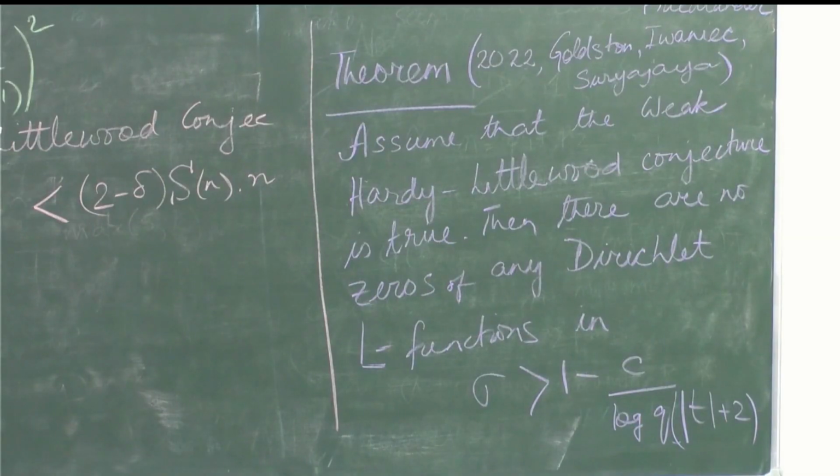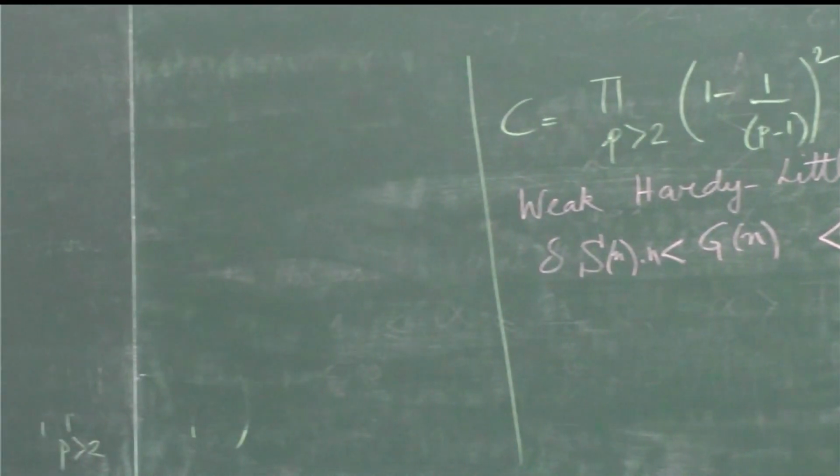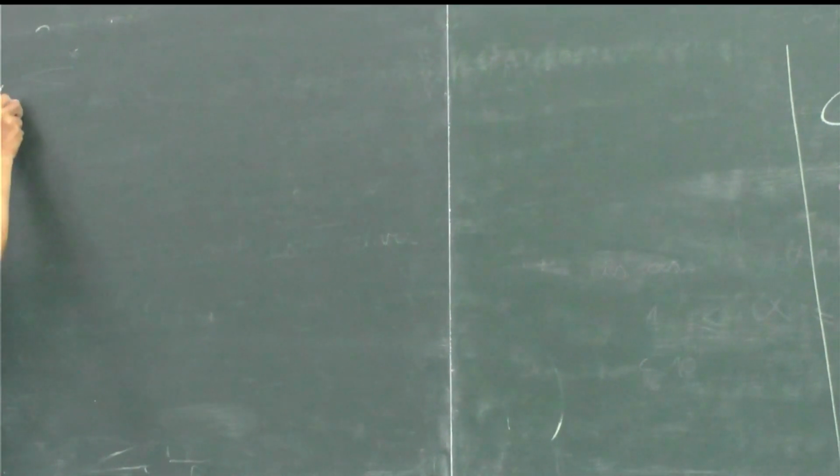So what they do is they go in the same way as we did for the ternary Goldbach conjecture. They create, first of all, this function S of Q. You remember this function?